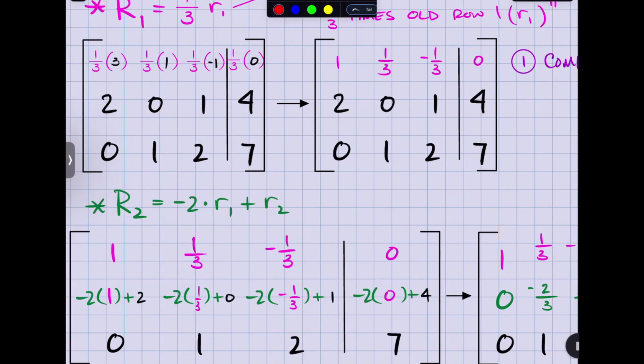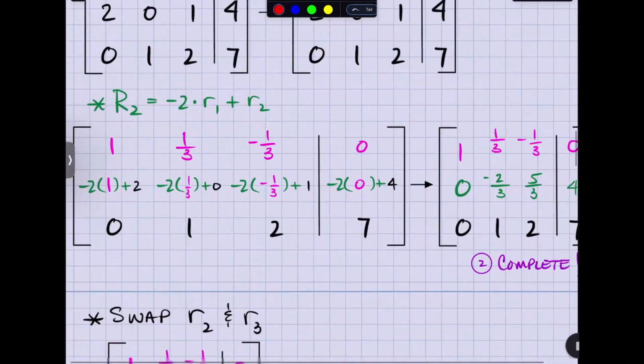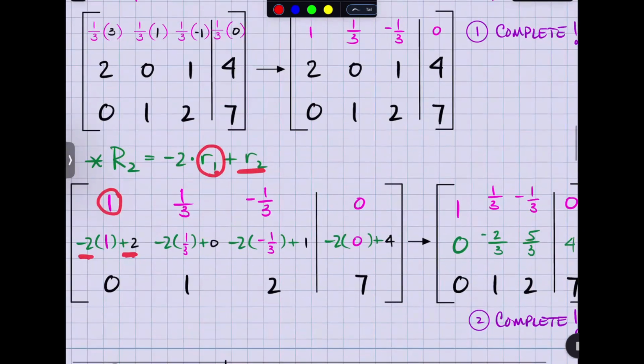Okay? I know it sounds confusing, but here it is. So I'm taking negative 2, multiply by row 1, plus the old row 2, which was a 2 right here.